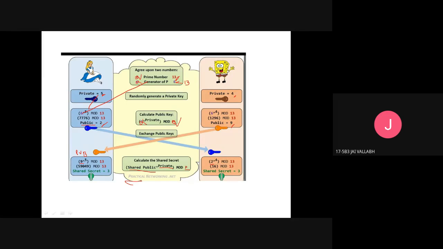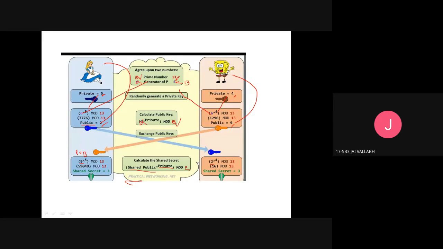So the public key of Alice is 2. Now we'll repeat the same step at Bob's side. The alpha value 6 power the private key of Bob, which is 4, mod 13, where 13 is the prime number we selected in the beginning, and its value is 9. The public key generated is 9, which is shared across the network. 9 will be shared to Alice and 2 will be shared to Bob.